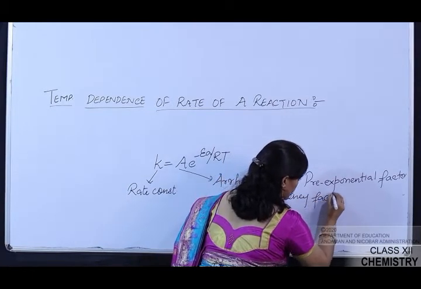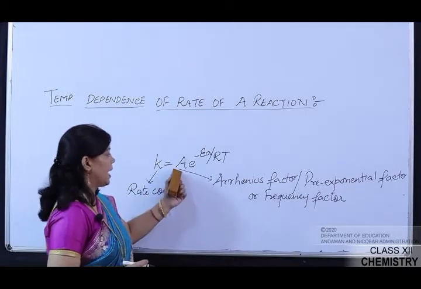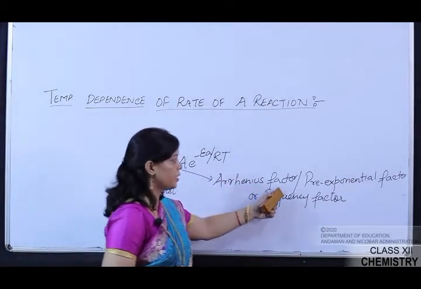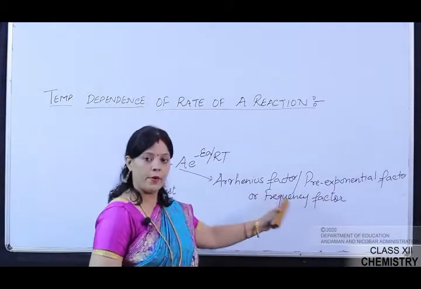So k is the rate constant, capital A is the Arrhenius factor, the pre-exponential factor or frequency factor.